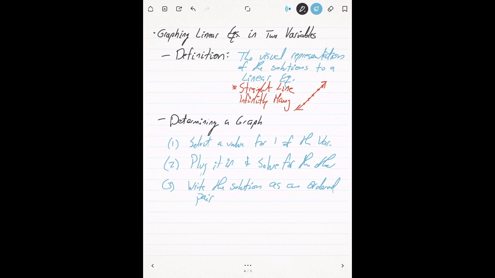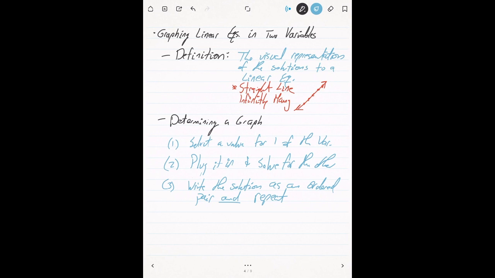Write what you get for your answer, and then repeat. Go ahead and repeat this process by picking a different number for one of the variables and solving for the other. You pick a different number for one of the variables, and you're going to get a new coordinate point.